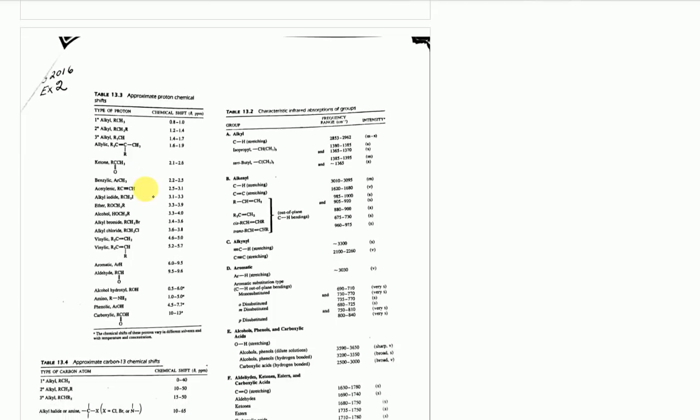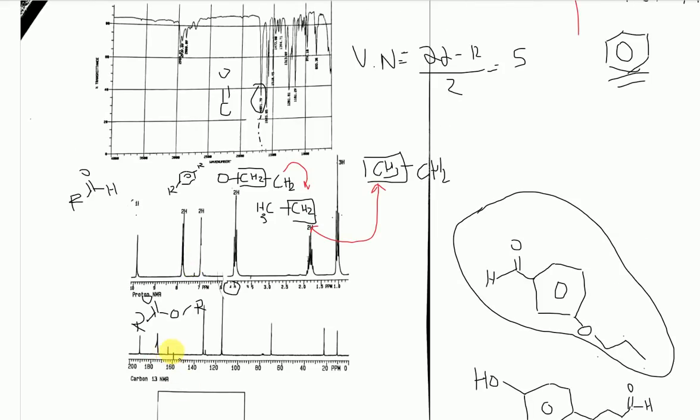And if we look down into our types of things on the C13 NMR, I have the carboxylic acids or esters. It's 160 to 185, right? And it's not going to be on the edge of 160.